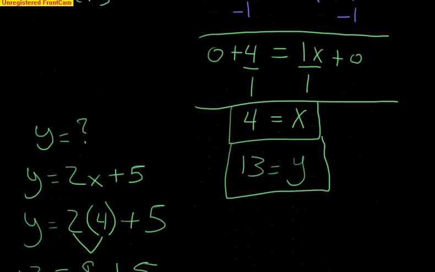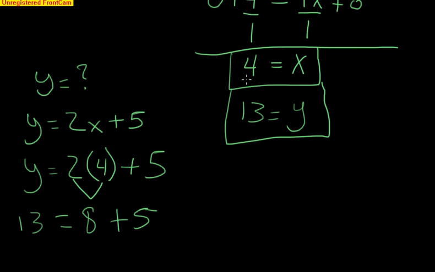And when I was done, I knew what one of the variables was. Then, after I knew what one of the variables was, I had to plug that into the original equation, either one of them, and that gave me what my y was.